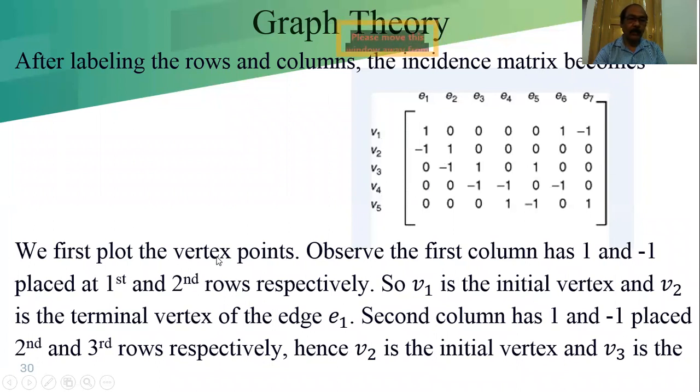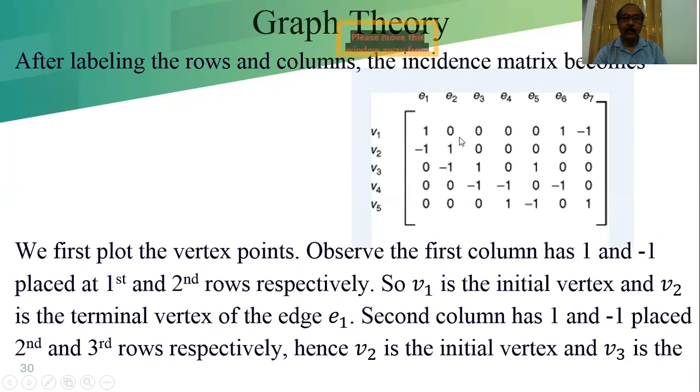We first plot the vertex points. Observe that the first column has 1 and -1 placed at the first and the second rows respectively. So the arrow, E1, will be from V1 to V2. So V1 is the initial vertex and V2 is the terminal vertex of the edge E1. In the second column, we see V2 is 1 and V3 is -1.